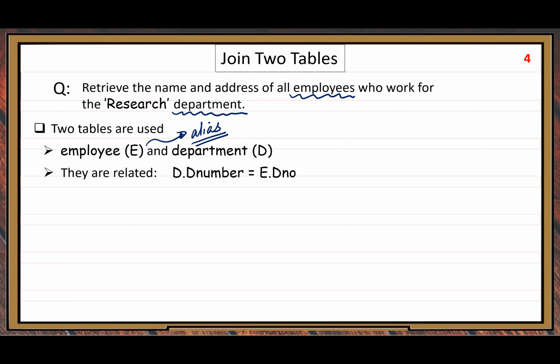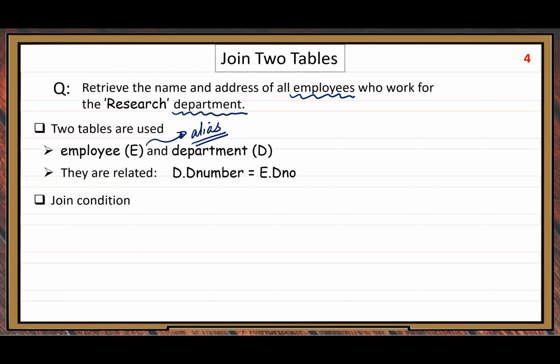We try to use different names for the department number column to avoid confusion. Otherwise, we could use the same name if you like, but in that way, sometimes you may have confusion.